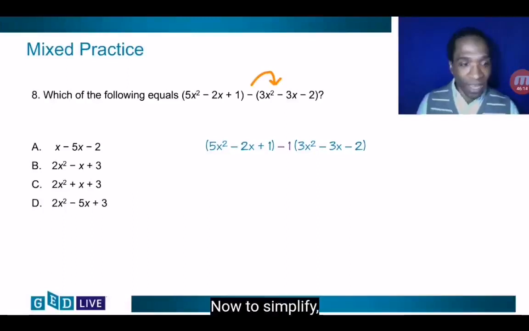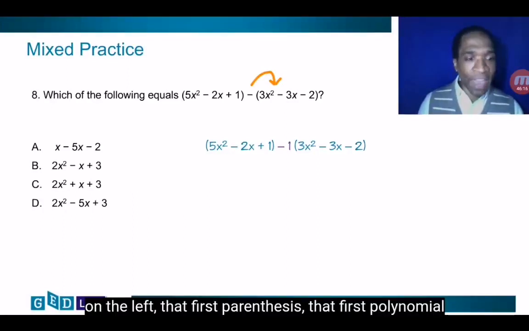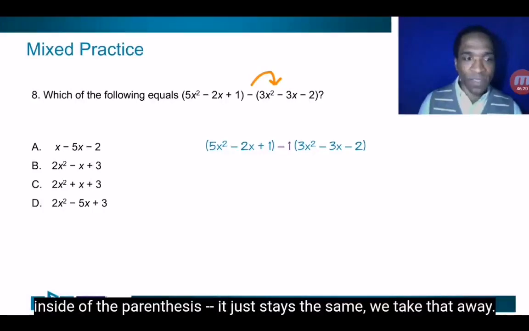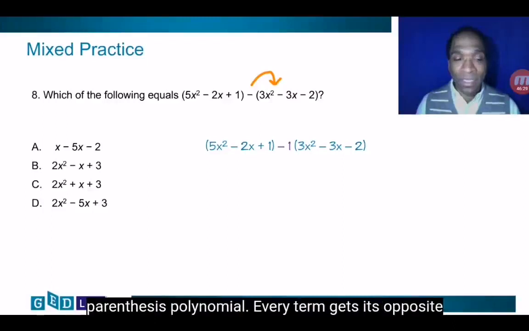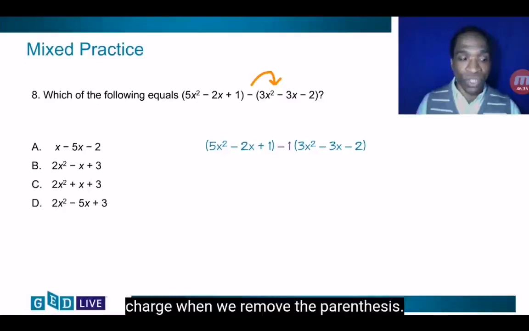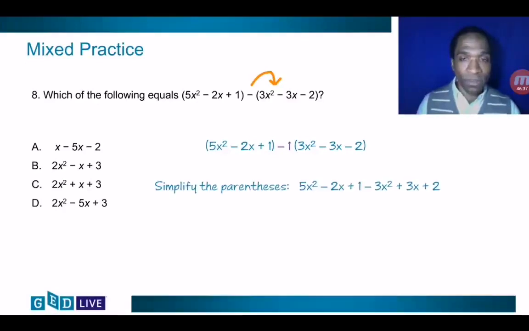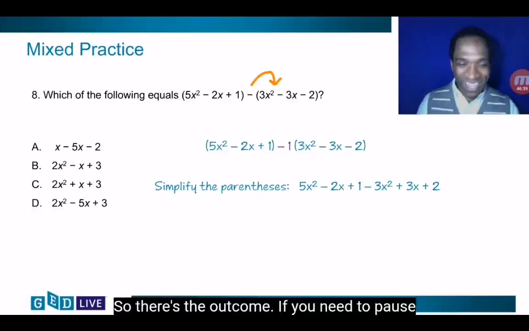Now, to simplify, on the left, that first polynomial inside of parentheses just stays the same. We take the parentheses away. But remember what's on the right of that minus sign, that second parentheses polynomial. Every term gets its opposite charge when we remove the parentheses. So there's the outcome.